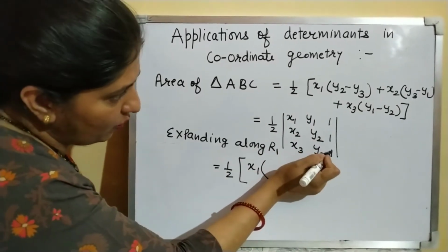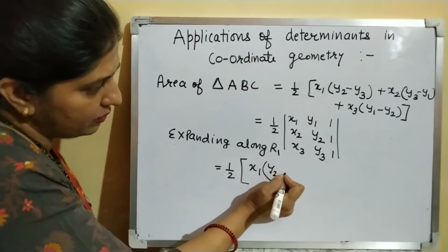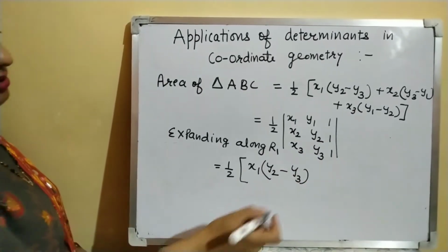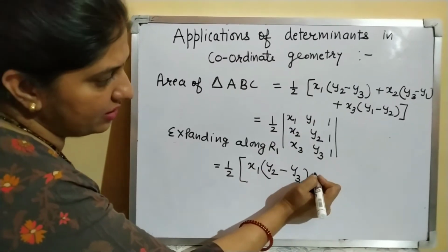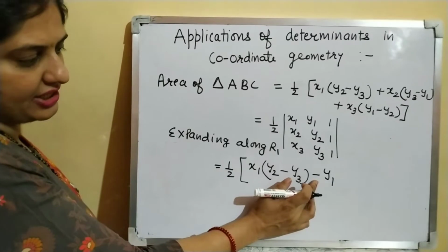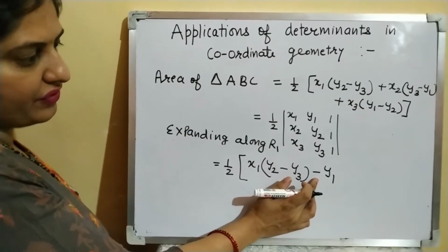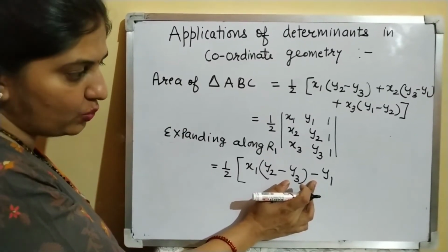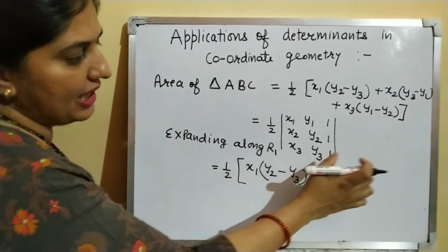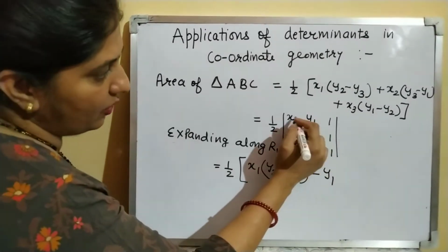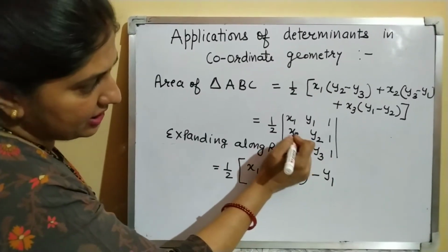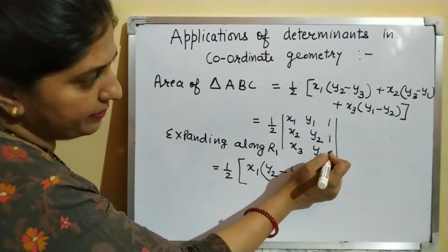We get y2 into 1, y2 minus y3 into 1, y3. Now next element is y1. So I am writing here y1 with negative sign because when we expand along R1, signs will be plus minus plus. Now delete first row, second column and take the determinant of the remaining elements.